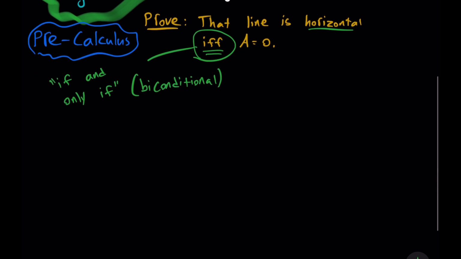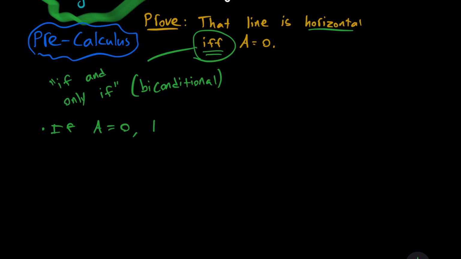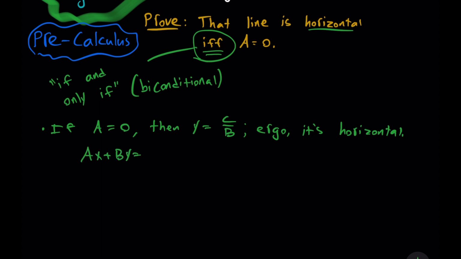So on the one hand, if a is equal to 0, what does that imply? It implies that then y is equal to c over b, ergo it's horizontal. Now why would that be? Well, consider we have ax plus by is equal to c.